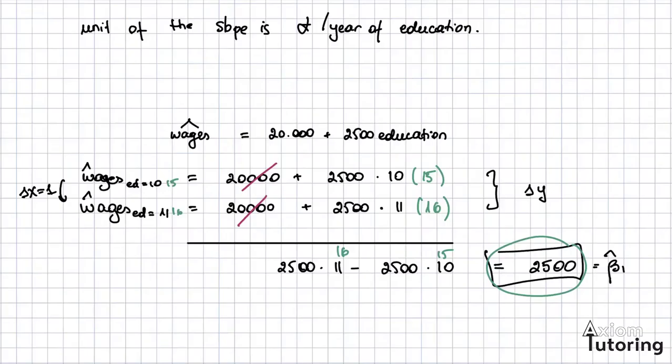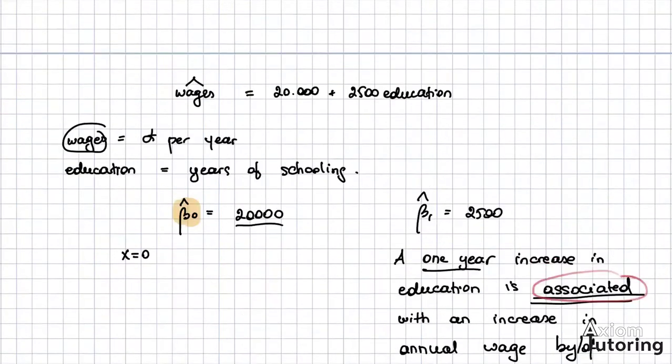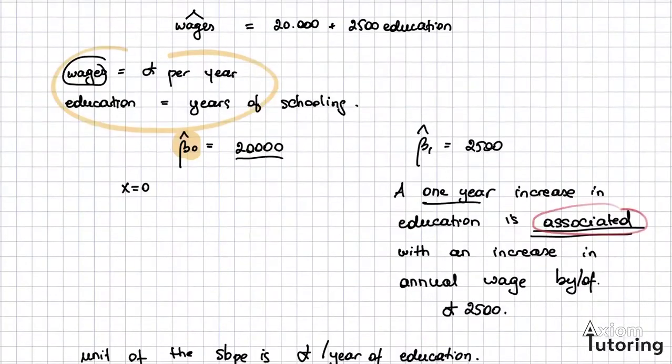We know very clearly these are the units. The other most common mistake that I see is that students mix up the interpretation and say that a 1 pound increase in wages is associated with 2,500 years.